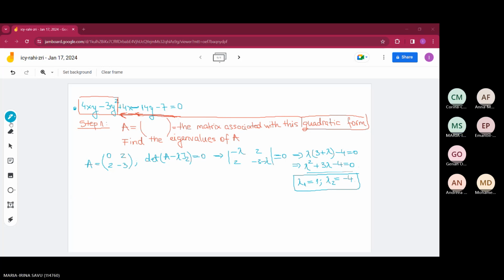Okay, let's go to step 2. We find the eigenvectors.